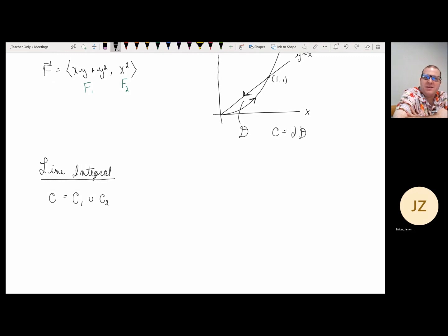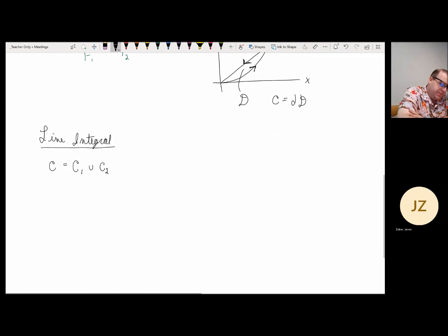Our path can be broken down into two paths. C1 we're going to say is 0, 0 to 1, 1 along y equals x squared.